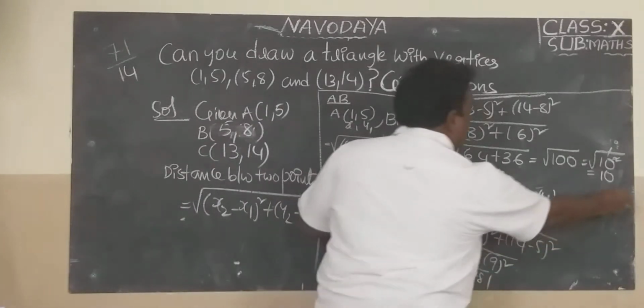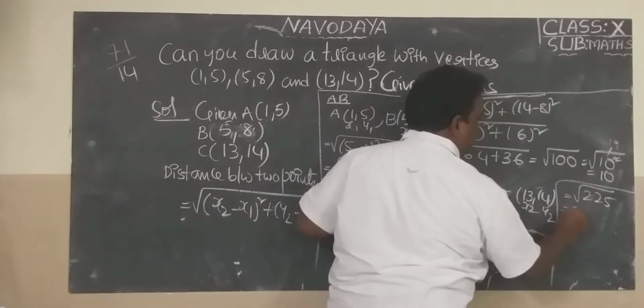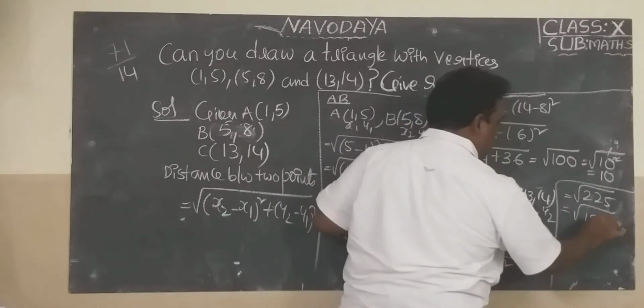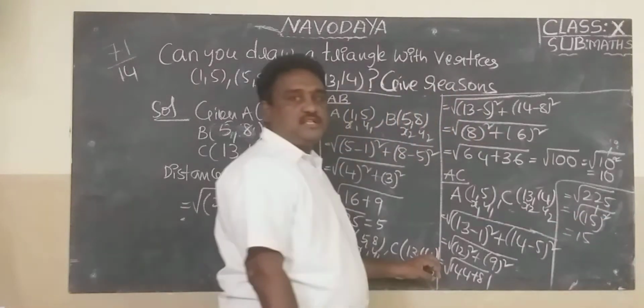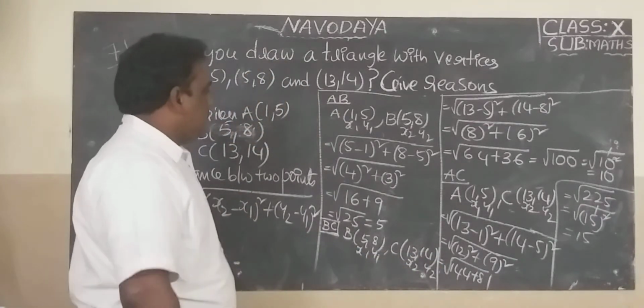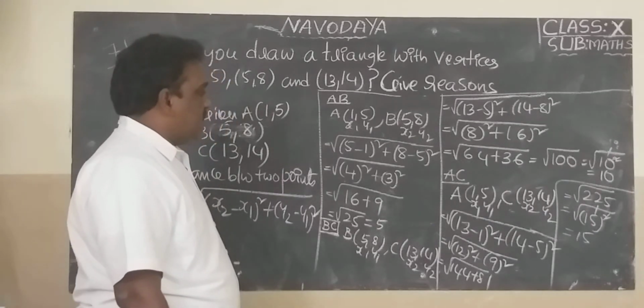Add: root 225. How to write 225? 15 whole square. Square root cancels, 15. So the third answer is 15. First answer AB is 5, second answer BC is 10, third answer AC is 15.